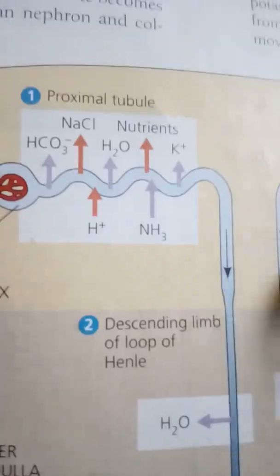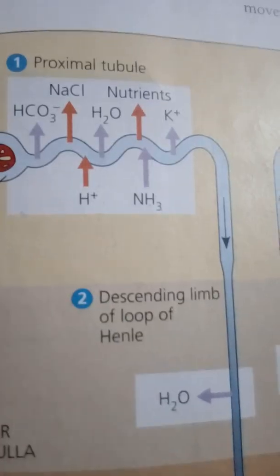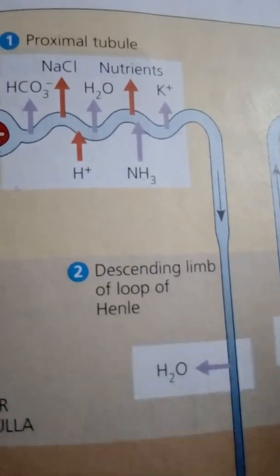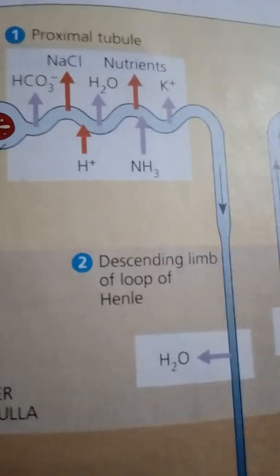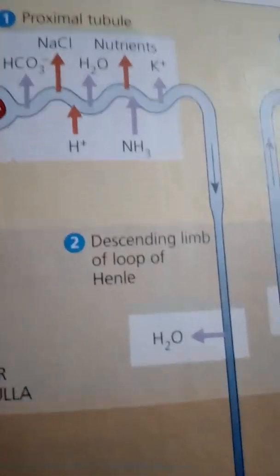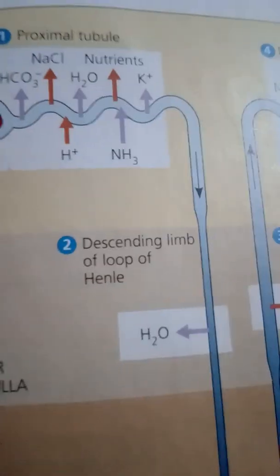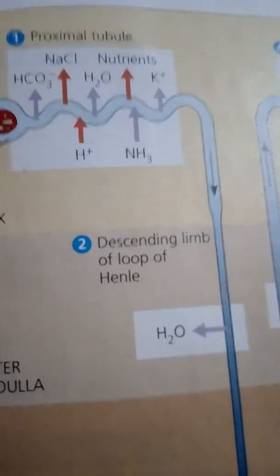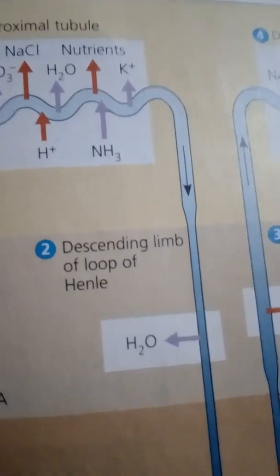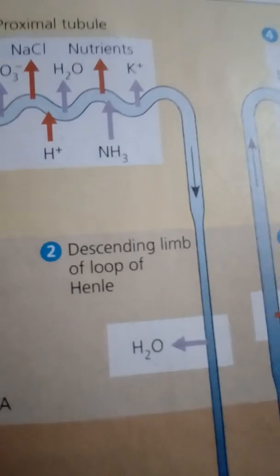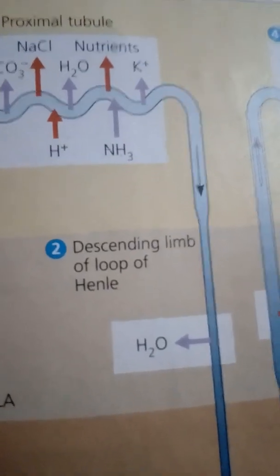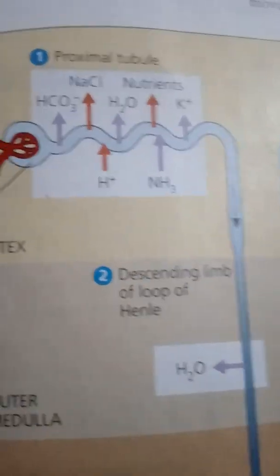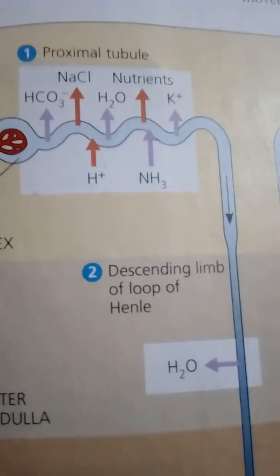The proximal tubules also reabsorb about 90% of the important buffer bicarbonate, HCO3-. Drugs and other poisons that have been processed in the liver pass from the peritubular capillaries into the interstitial fluid and then are secreted across the epithelium of the proximal tubule into the nephron's lumen.